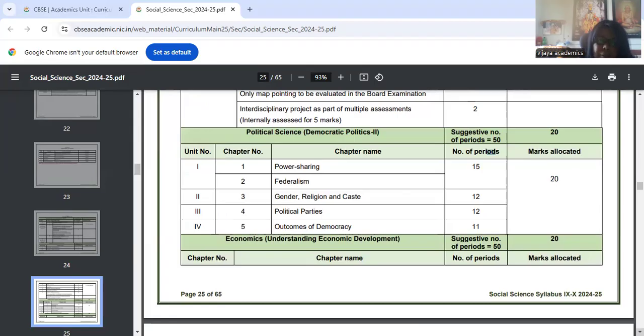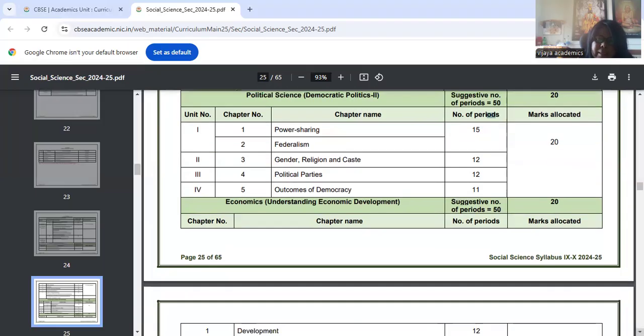The next lesson is chapter number 4, political parties. Periods allocated 12. Chapter number 5, outcomes of democracy. Number of periods allocated 11. And marks allocated 20. So in total 5 lessons are there for political science.